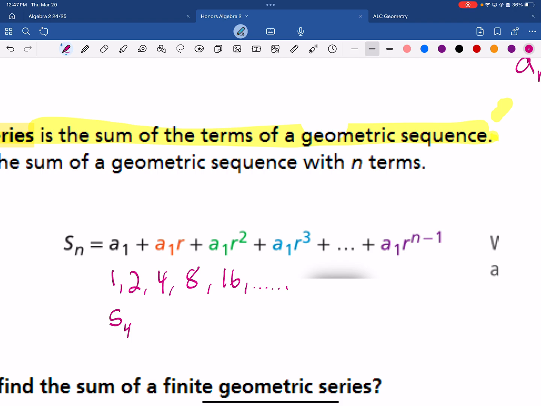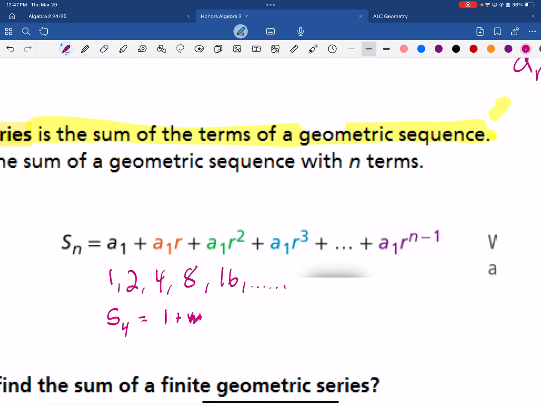So really all this is going to be is 1 plus 2 plus 4 plus 8. I probably should put a plus 2 in there. So the sum of the first 4 terms in that sequence is 15.